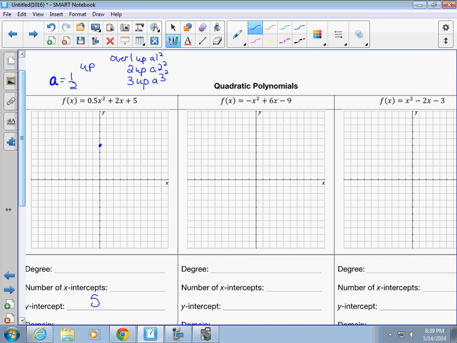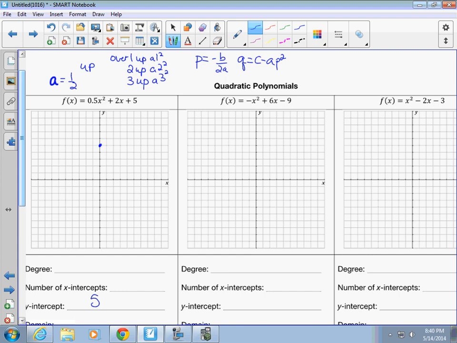So this is where you just put this in your graphing calculator. You could find it using your PQ formula. So P is equal to negative B over 2A, and your Q is equal to C minus A P squared. So you could substitute your B and A values and find your P.